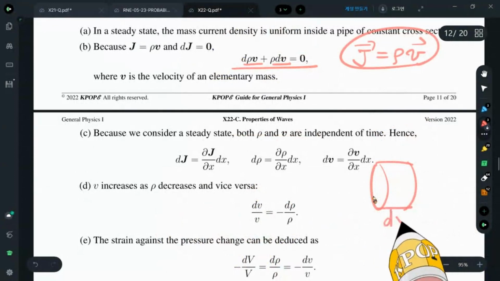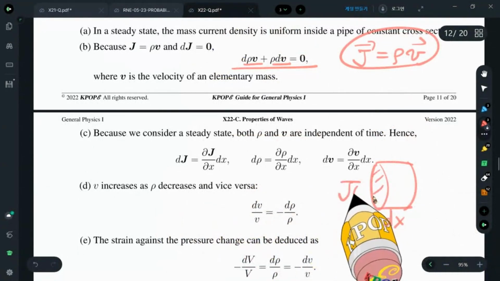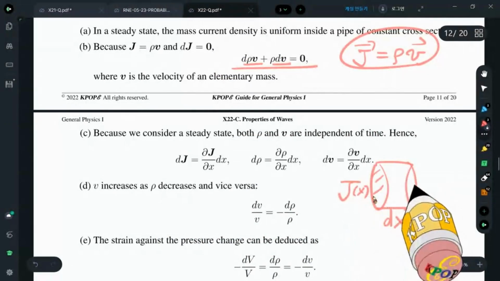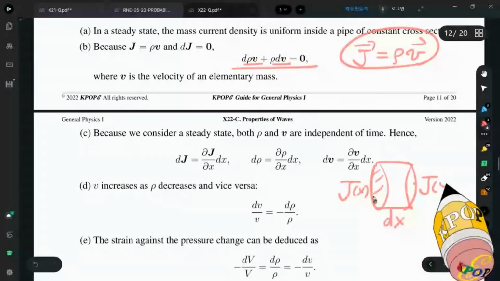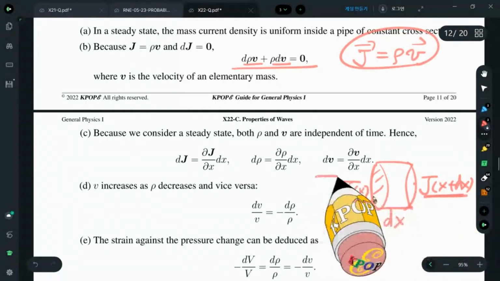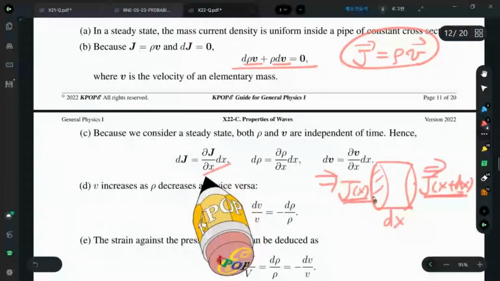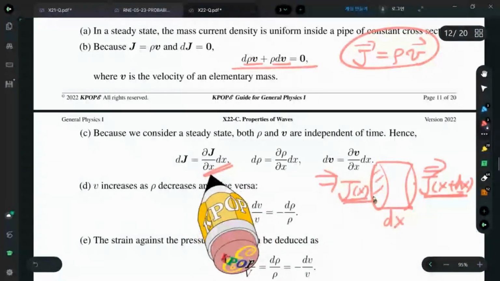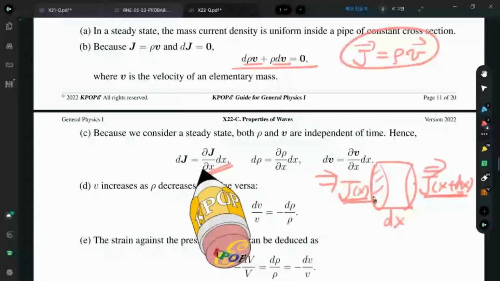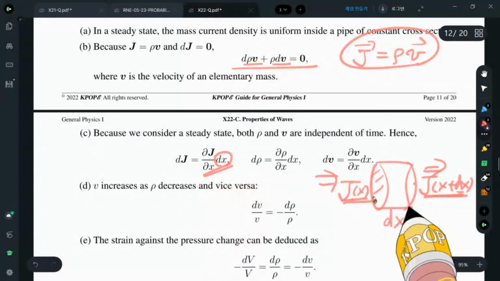And we have thickness dx. Here we have J of x, and this side we have J of x plus dx. The change in these two currents should be expressed as a differential of dx.